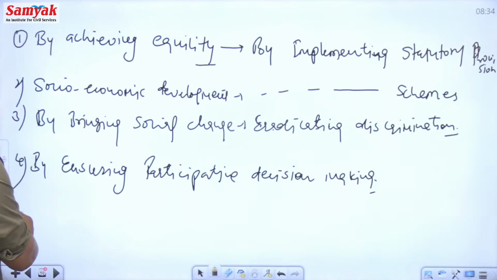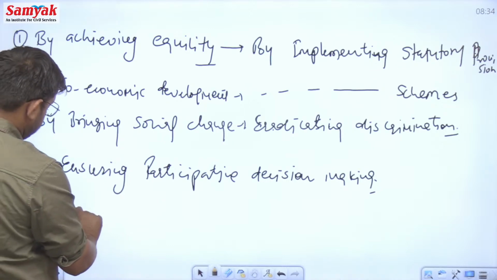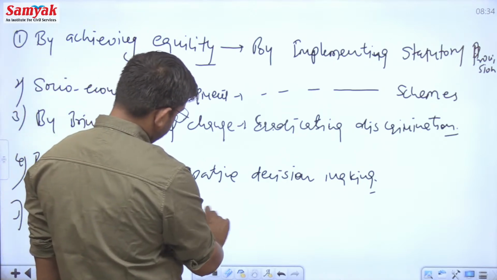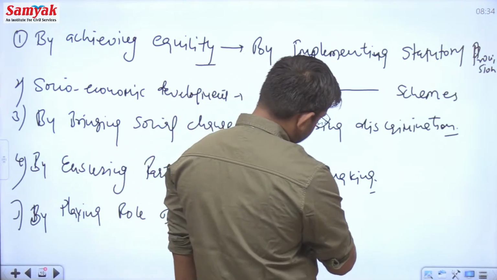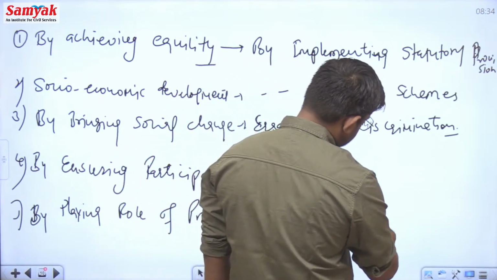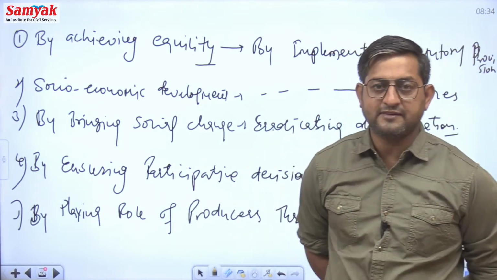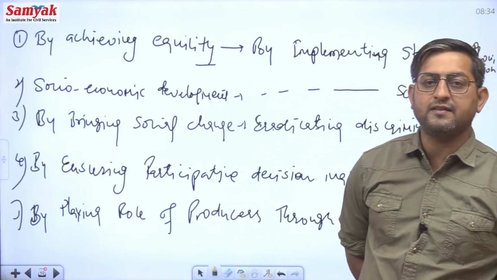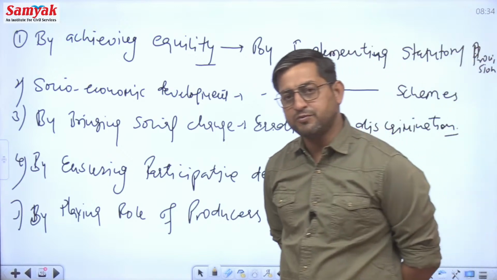Second, next, by playing the role of producers through PSU. This is necessary for economic stability: when there is a crisis in the markets, obviously private demand will be very low as well as private production will be very low. In that scenario, the government will take the responsibility of production and demand, and for that they have the mechanism of PSU.